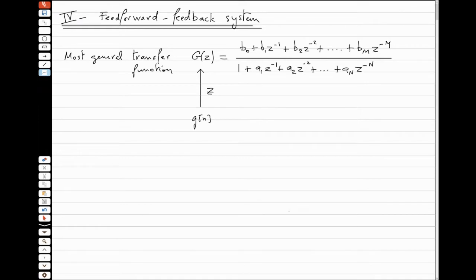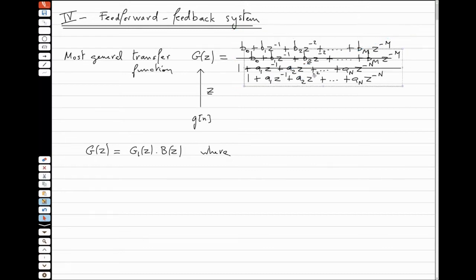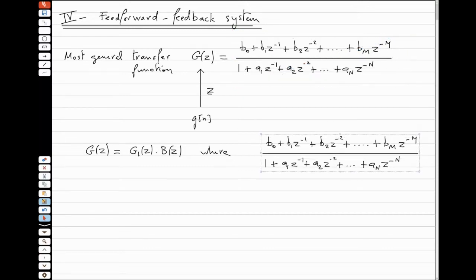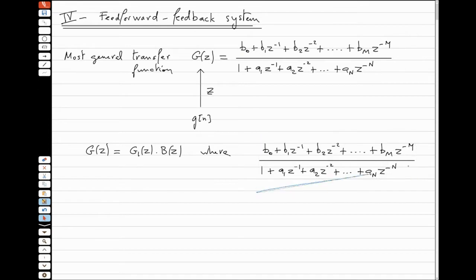So one way to implement such a transfer function is to say we can always write G of Z as G1 of Z times B of Z, where B of Z is the numerator and G1 of Z is the fraction.